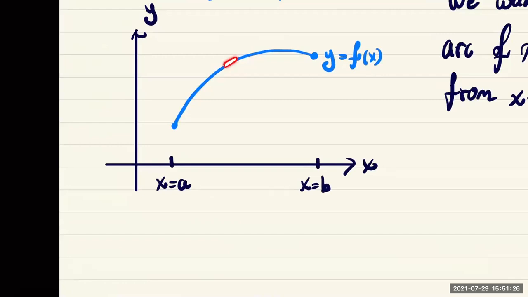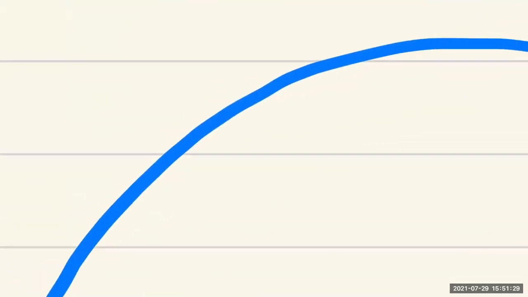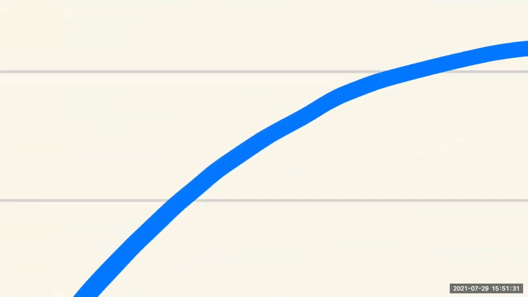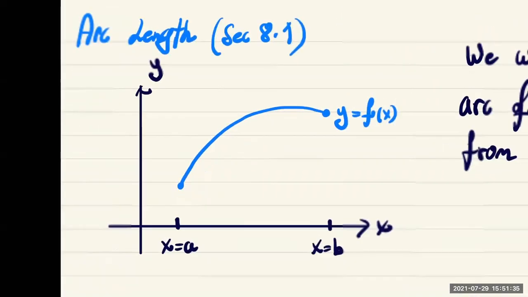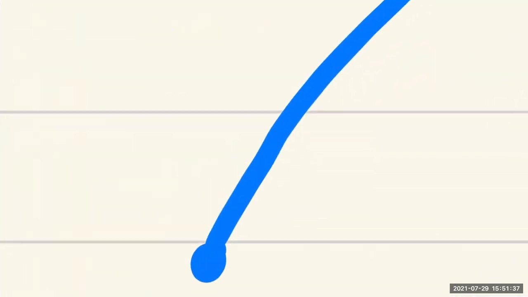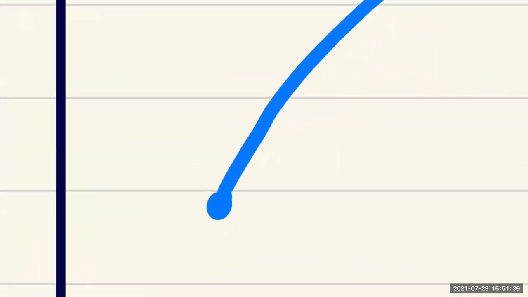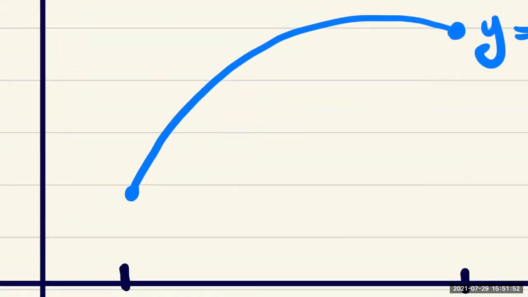Like right there, I can zoom in. Look at that. When I zoom in, I can't zoom in long enough, but it does look almost like a straight, or it looks like a segment. You don't see that curvature anymore. Y'all know what I mean, right? Look at that. That looks like a segment. No curvature.